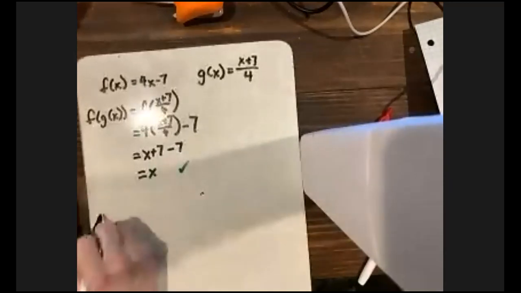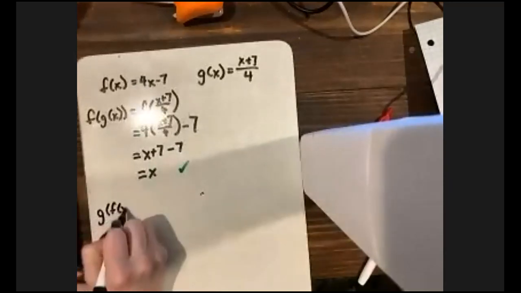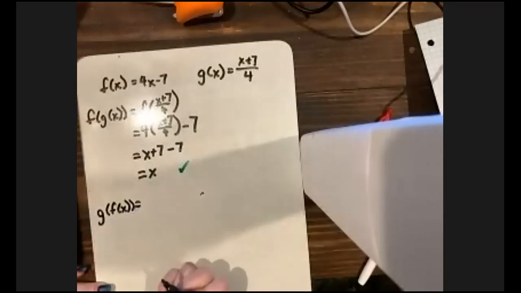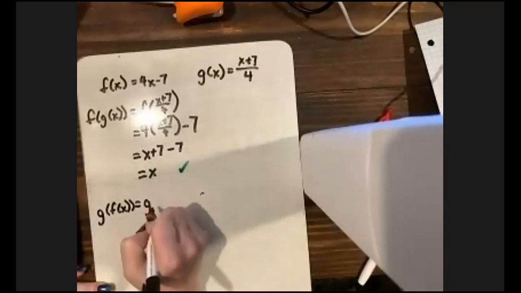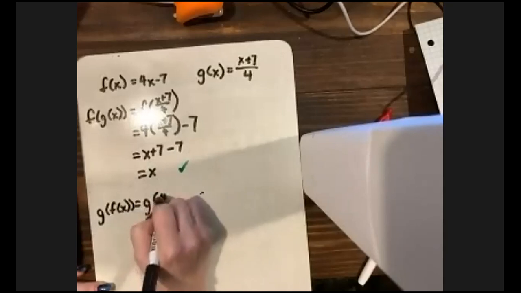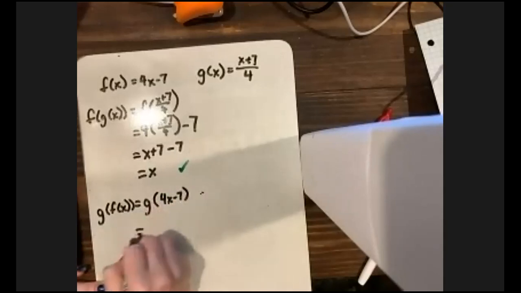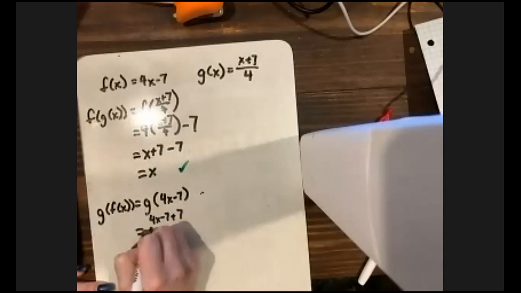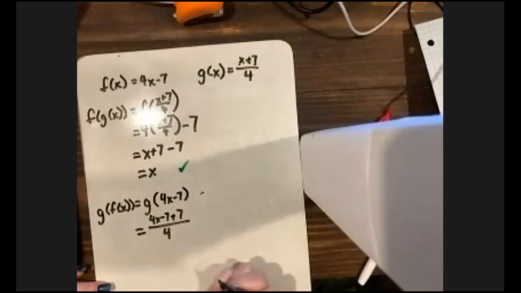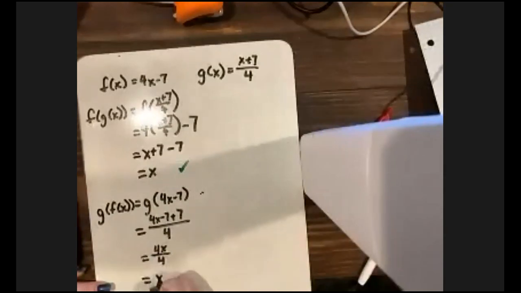Nothing special, nothing extra with it. So now we're going to try the other way. It's not just that we get to assume that it works. So we're going to have g of 4x minus 7. So this is going to be 4x minus 7 plus 7 all over 4. So the minus 7 plus 7 is going to cancel off, and then I've got a 4 over 4, which leaves me an x.